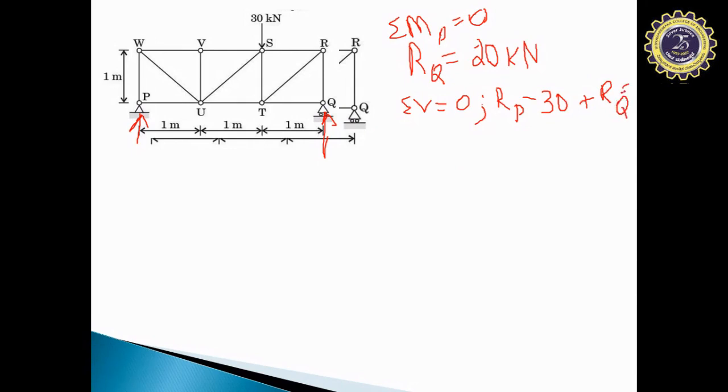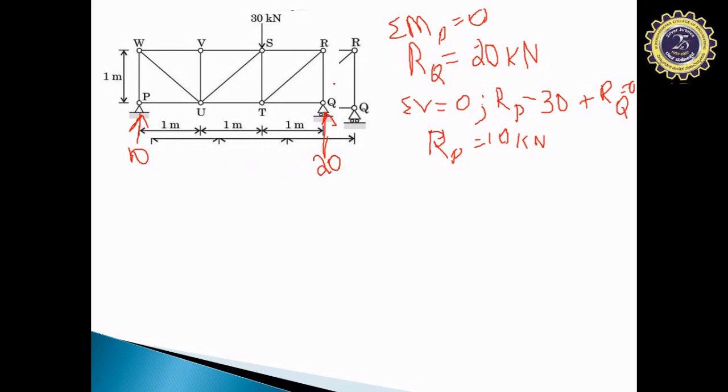If we equate this to 0, we get RP, which is simply 10 kilonewton. Clear?